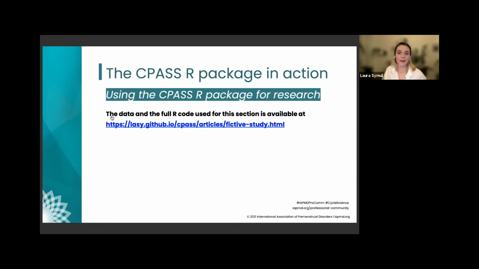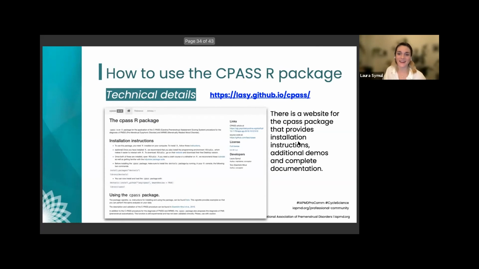And then actually on this website, trying to advance the slide here. So there is a website for the CPASS package. So it's here on my GitHub repository. So just lazy.github.io and then /CPASS.